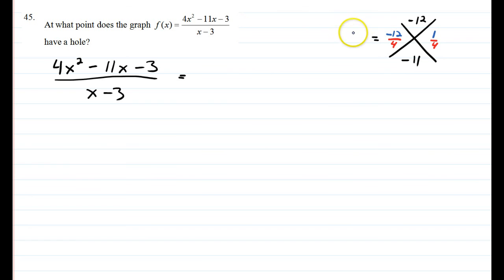And so this becomes negative 3 over 1. Now the bottom number is my leading coefficient, so this becomes 1x minus 3.